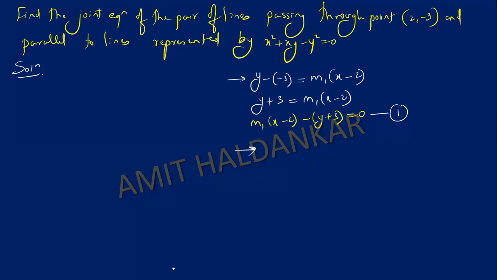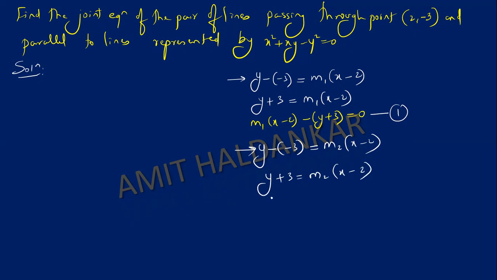Now what will be the second equation? The second equation is y minus y1 is equal to m2 into x minus x1, so y plus 3 is equal to m2 into x minus 2.